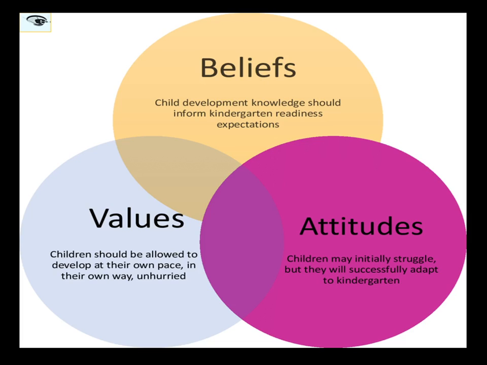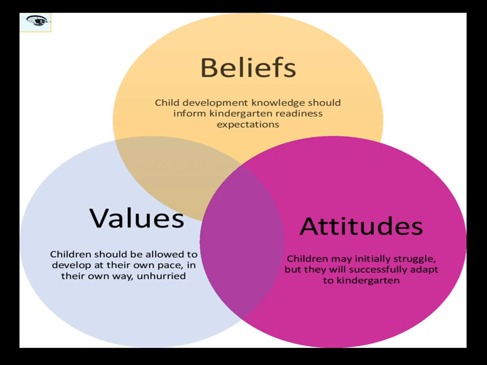When we talk about values, they are basically those attitudes or beliefs that have all the shoulds or all the oughts, or you can say the moral values, or they have the ethics contained within them.